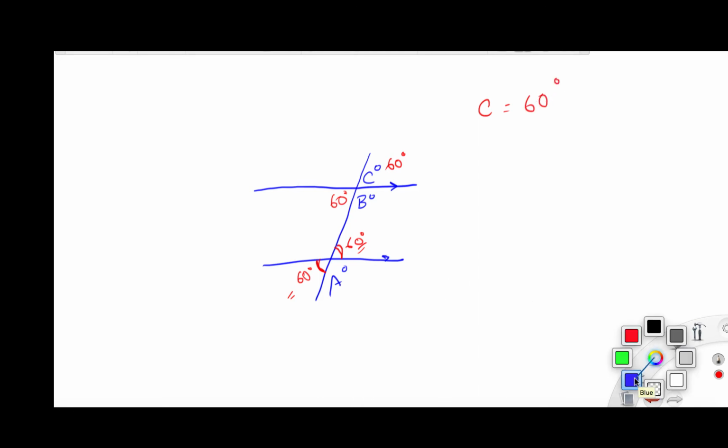Well, that's great, but we have other ones to figure out. So if this is 60 degrees, we know that this whole line here is equal to 180, so 180 minus 60 degrees will give us this portion, which we need because B and A are both opposites of that angle.